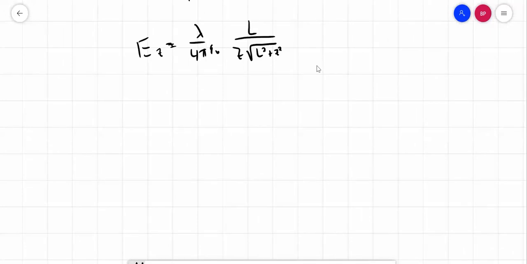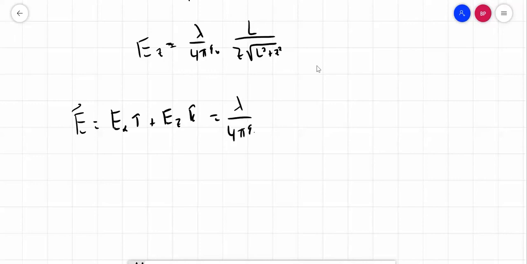So we can put them together and find that the total electric field is the x component along the x direction plus the z component along the z direction. And so what is that? There's a lambda over 4 pi epsilon naught in front of everything, so we can pull that out. And then we had this 1 over the square root of L squared plus z squared minus 1 over z.